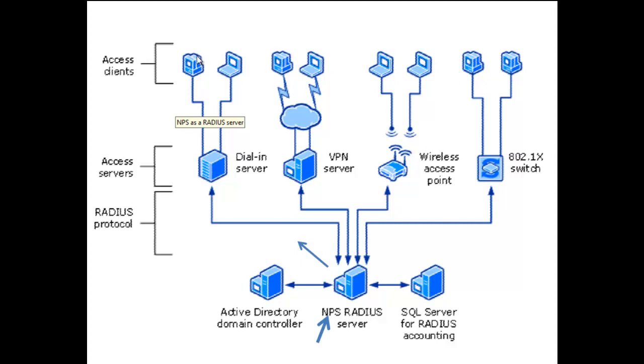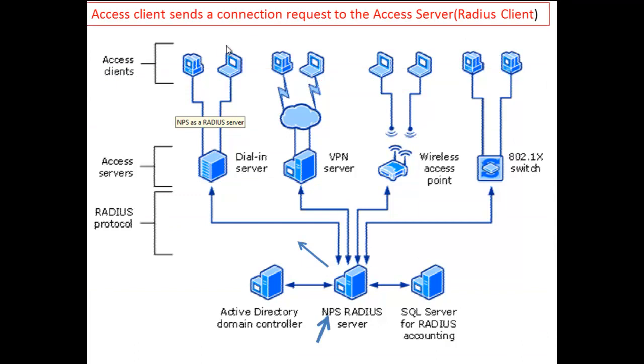These are outside of the corporate network, and we refer to them as access clients. The access clients will send what we call a connection request to the access servers, and the access servers are here in the middle.